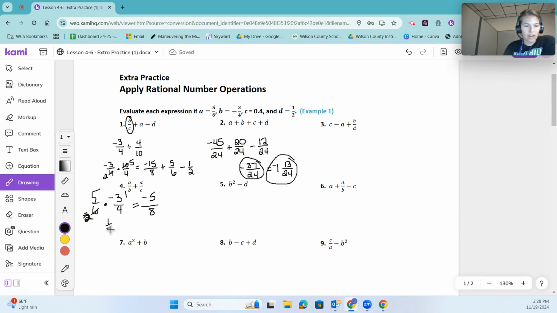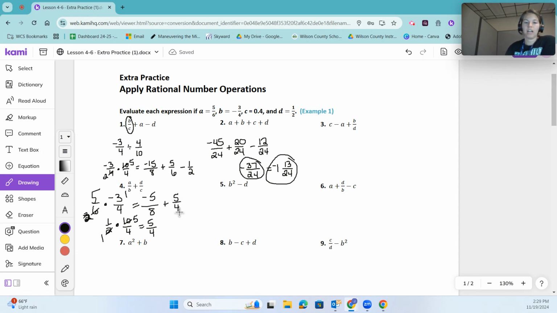Then our second part of the problem is D divided by C. D is 1/2, times 10 over 4, because I'm multiplying by the reciprocal. Simplify on the diagonal. 2 goes into 2 once, 2 goes into 10 5 times. 1 times 5, 1 times 4, 5/4. Now I'm going to add negative 5/8 plus 5/4.